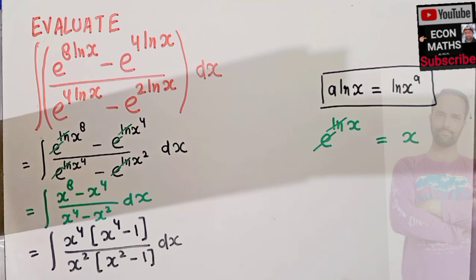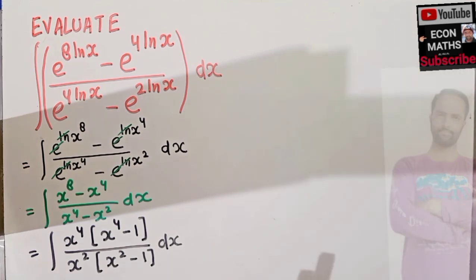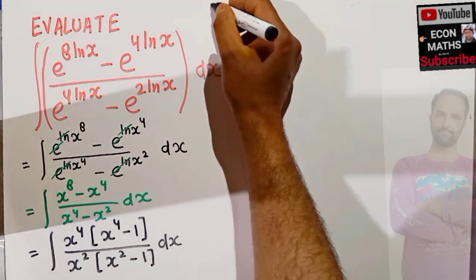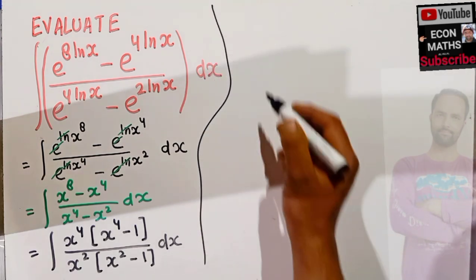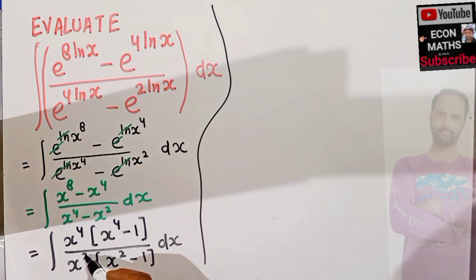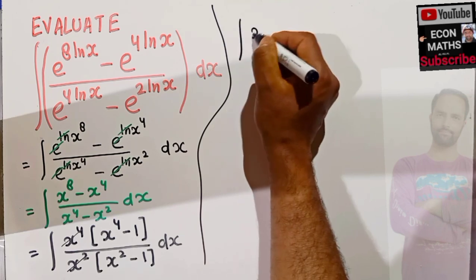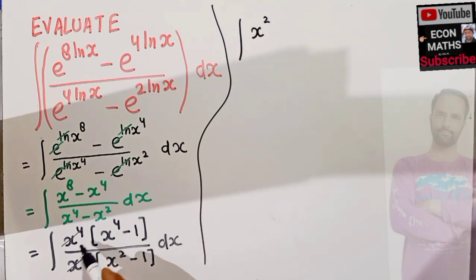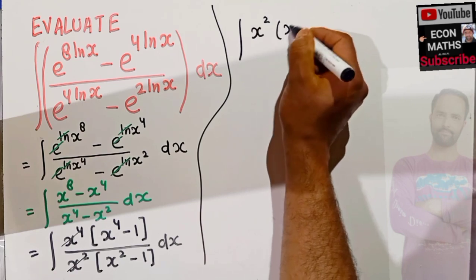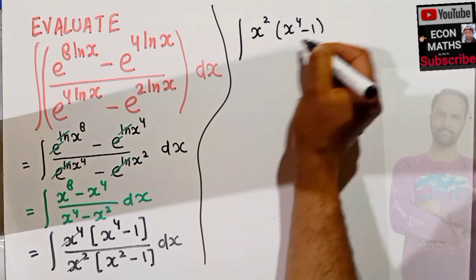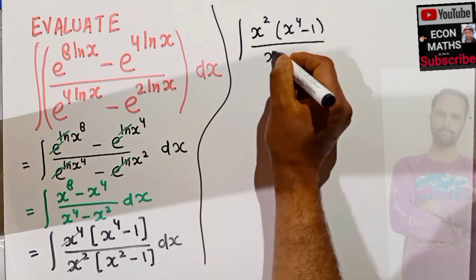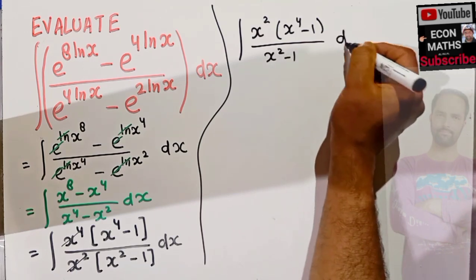After that, x^2 and x^4 get cancelled, so we are left with x^2 in the numerator and we are left with (x^4 minus 1) divided by (x^2 minus 1) dx.